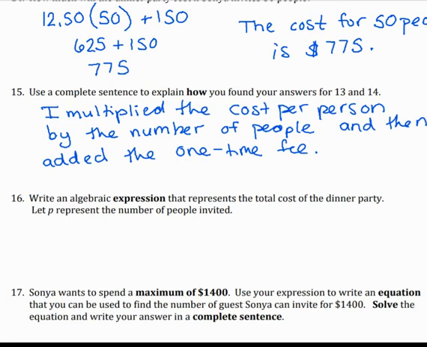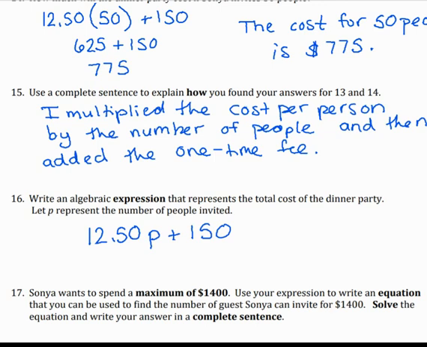All right, I'm seeing some good things. And the ones that say 1250 times P plus 150 is correct. It's great that every single person who typed in an answer, first off, thank you for participating.